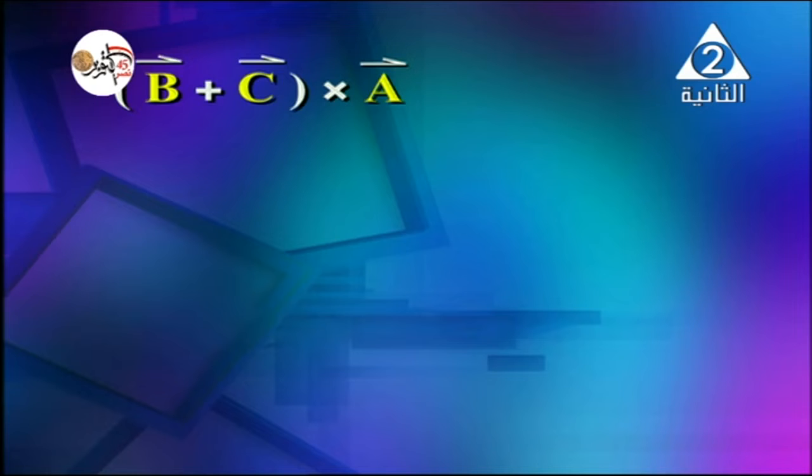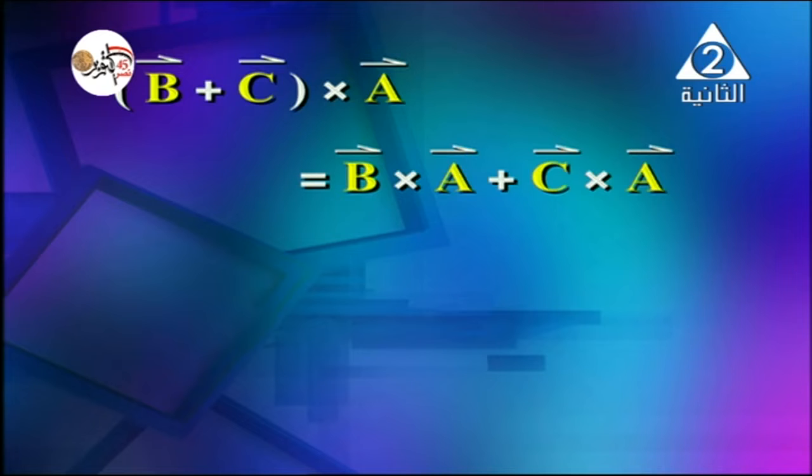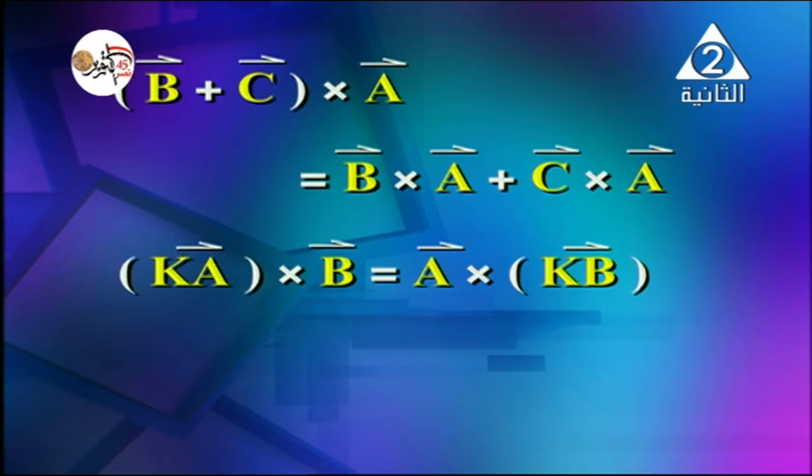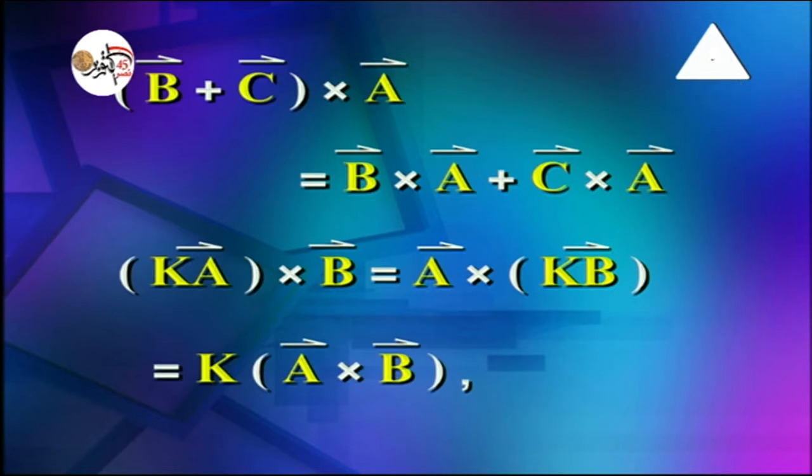B vector plus C vector inside the bracket cross A vector equals what? B vector cross A vector plus C vector cross A vector. Also, K A vector cross B vector equals A vector cross K B vector equals K multiplied by A vector cross B vector, where K belongs to R, the real numbers.